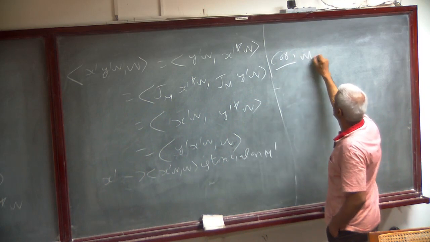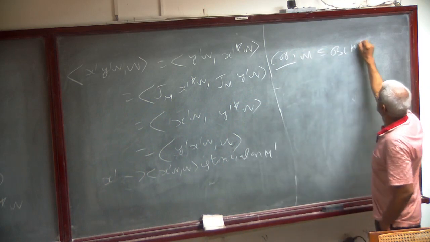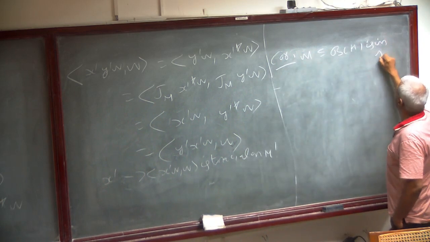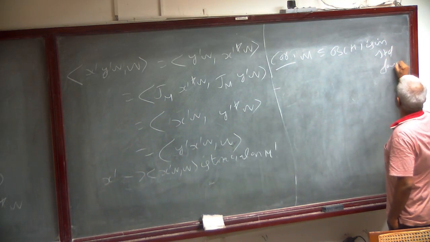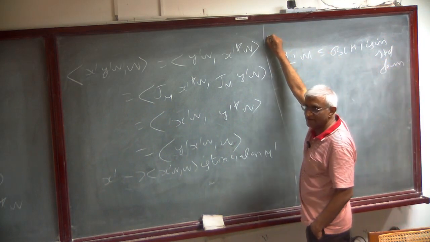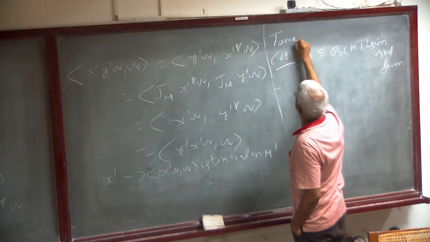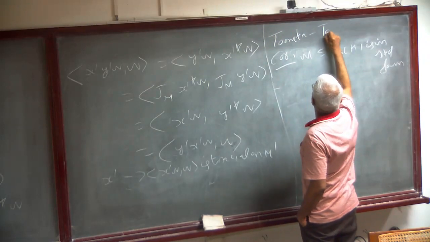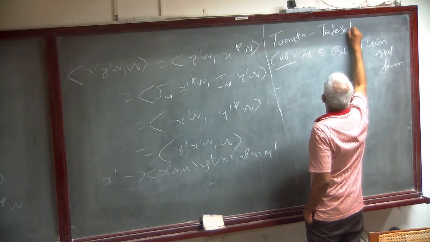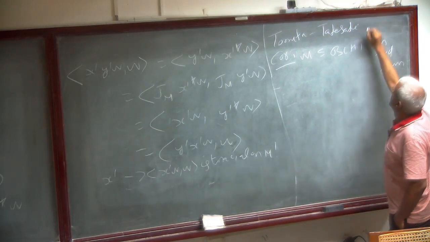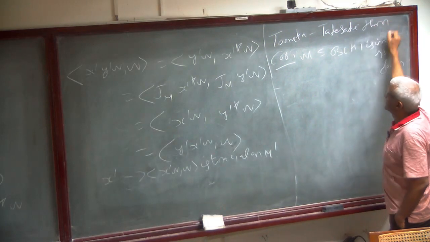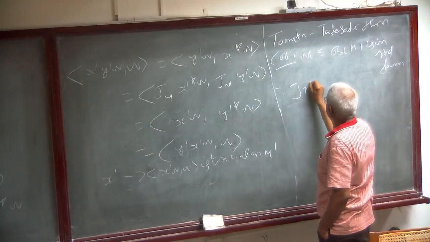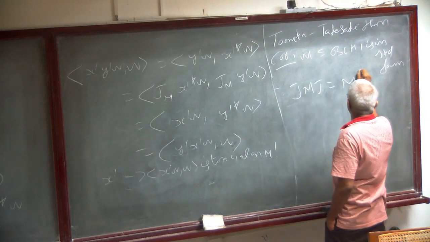See, M prime, M contained in B of H, is in standard form. So this is a trivial theory, but this is what is called Tomita's theorem for II_1 factors. Then J M J is equal to M prime.